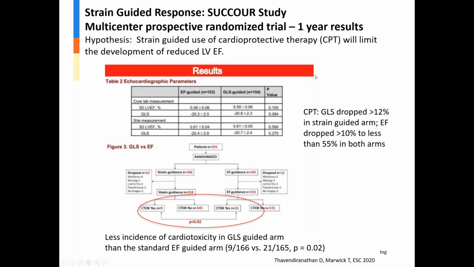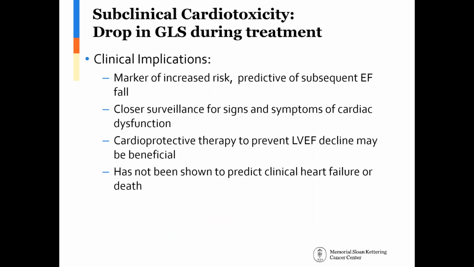And the one-year interim results were recently presented at the ESC, which showed that there was less incidence of cardiotoxicity in the GLS-guided arm than the standard EF-guided arm, suggesting that GLS is an effective marker of early cardiotoxicity that responded to cardioprotective therapy.